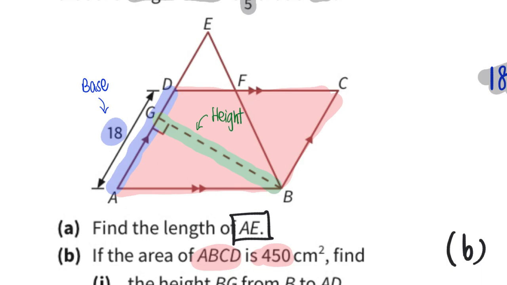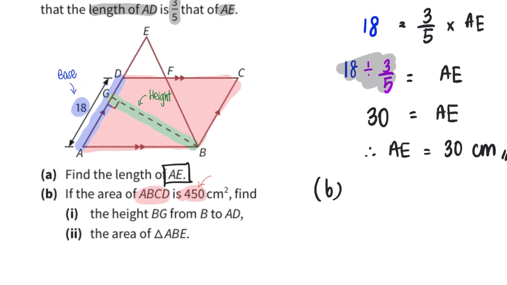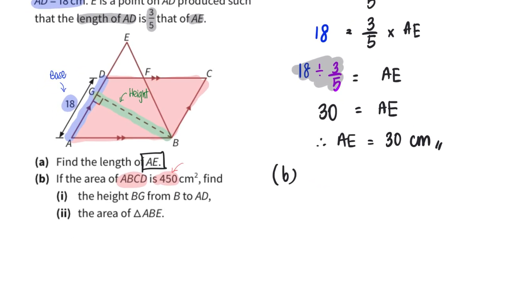And we know base times height equals the area of a parallelogram. So I'm going to apply this now to find the height BG, because 18 multiplied by the height BG is equal to 450, which is the area.